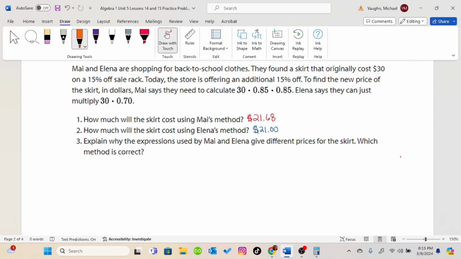Number 3, explain why the expressions used by Mai and Elena give different prices for the skirt. Which method is correct?